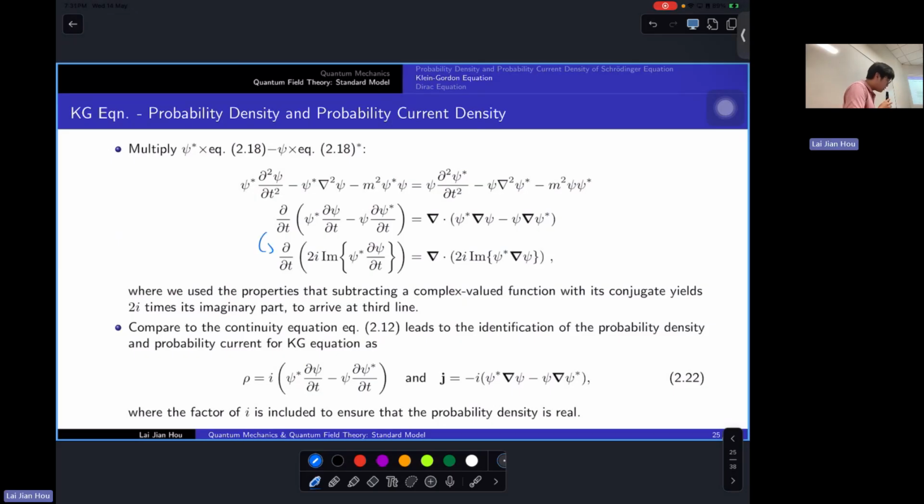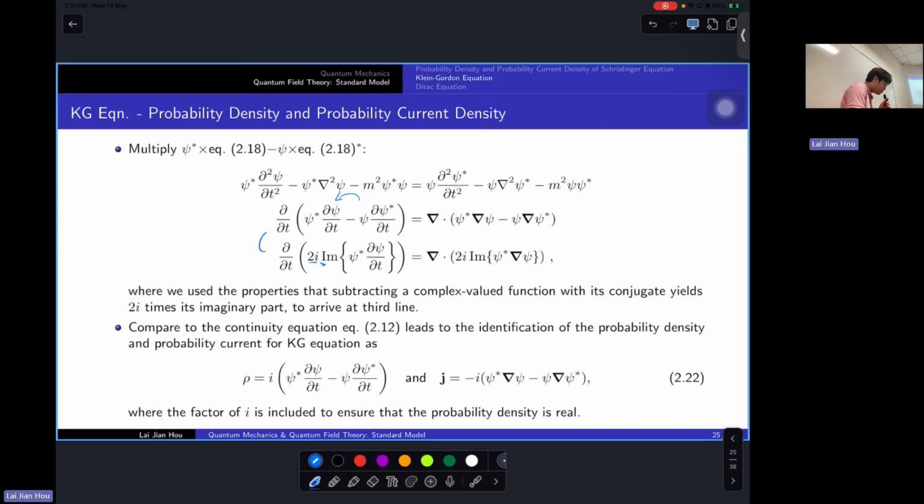This is why we can get a third line, because this is the complex conjugate of the first term. When a complex function is subtracted by its complex conjugate, we get the imaginary part, multiplied by 2i. And same goes for the right hand side.